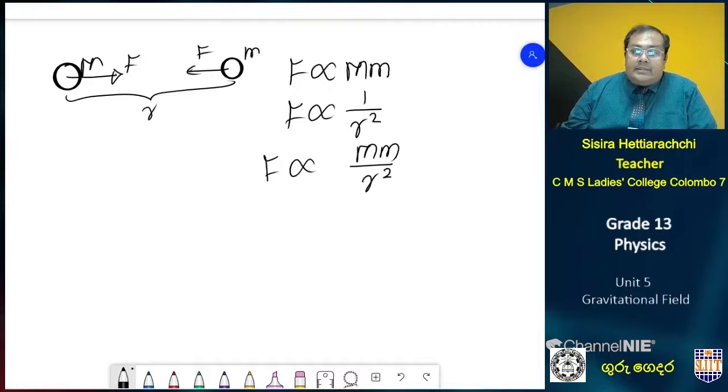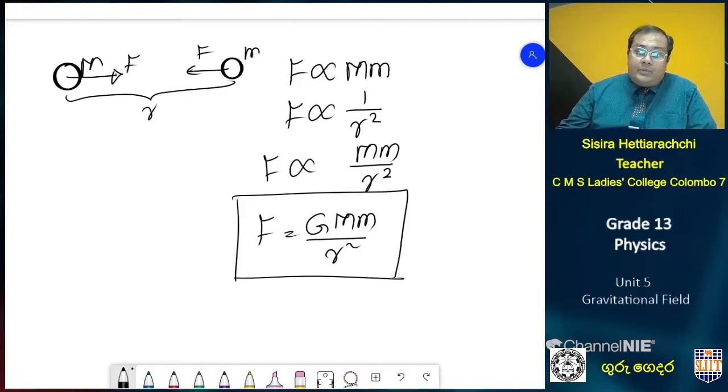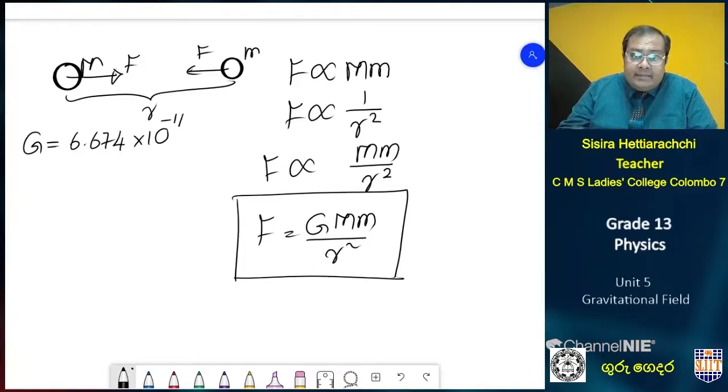The proportional constant is known as the universal gravitational constant. It's a fixed value, right? F equals G capital M small m over r squared. It's a standard equation. You have to learn this and remember this equation. What is G? G is equal to 6.674 times 10 to the power minus 11 units.